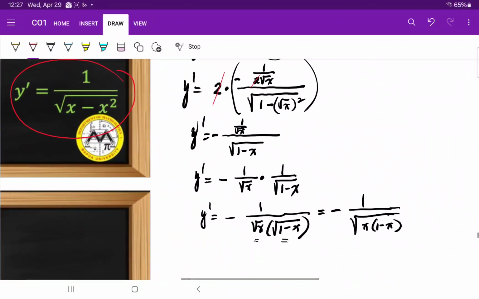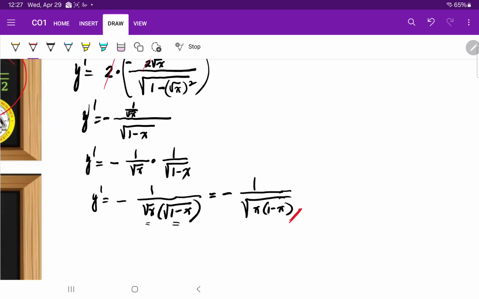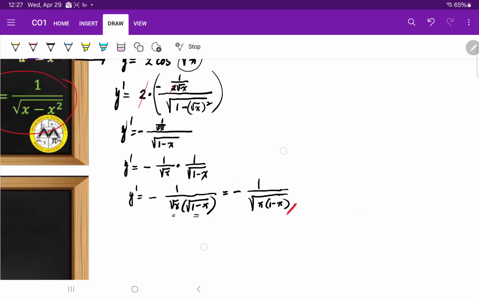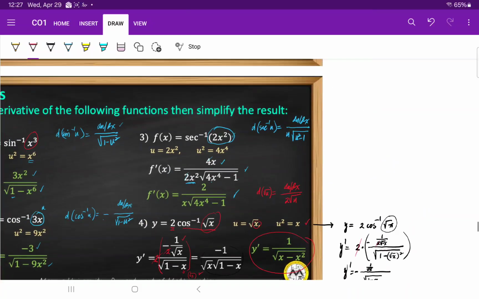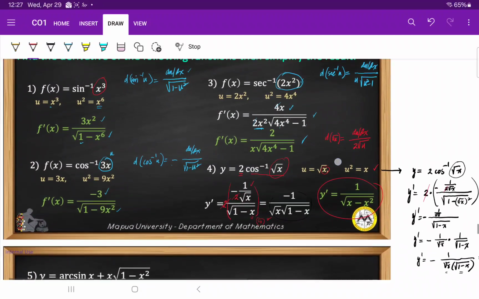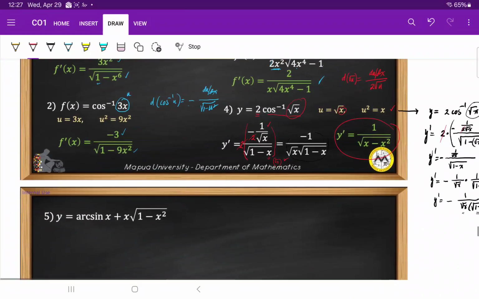You may not do that anymore. Distribute the x here, so it becomes x minus x squared. So you may stop at this one, but you can also rationalize the denominator. Okay, so that's for number 4.